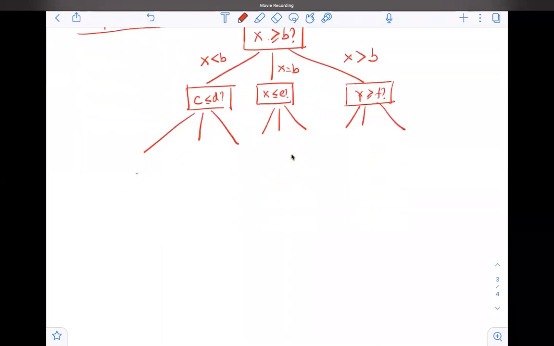After doing a lot of things, maybe you come to a place where you make the final query, and you say, is Z less than W or not? You get an answer: Z is less than W, Z is equal to W, or Z is bigger than W. And then what do you output here?